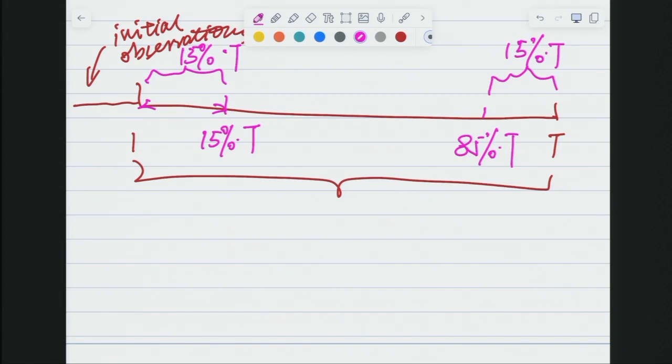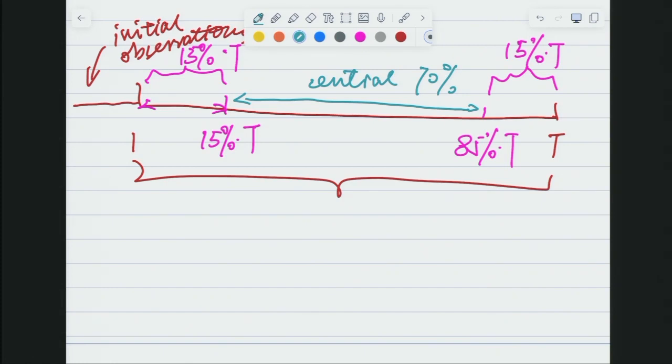What we're going to use is the central 70%, and we're going to test whether each time point in the middle 70% is likely having a structural break. By doing this, we ensure that we have enough pre- and post-break observations to test against.